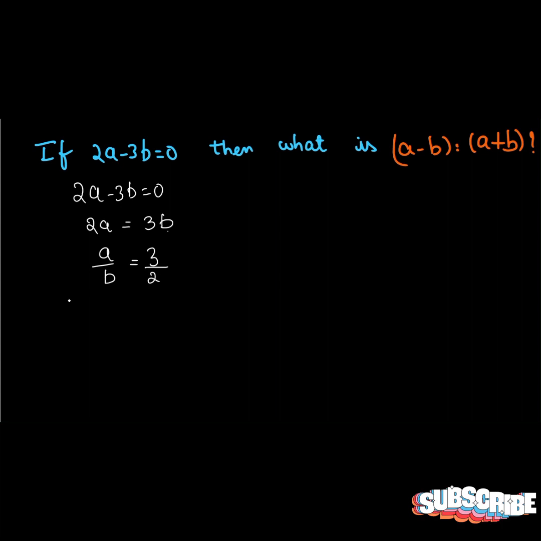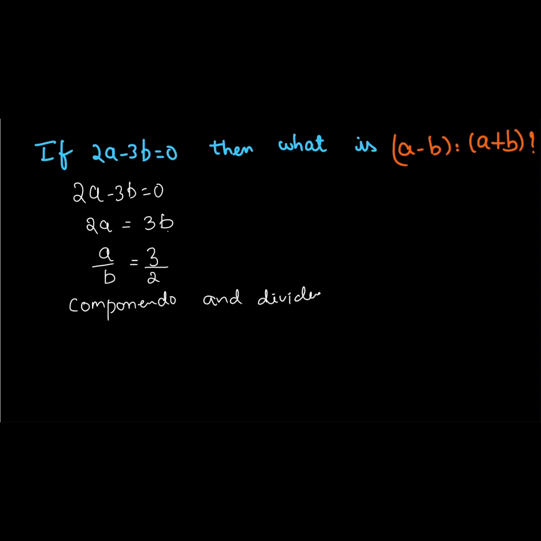Now we can apply the componendo and dividendo rule. We already know that. If you look at the numerator and denominator, a and b, we have to add first and then find the difference, so it's a minus b.